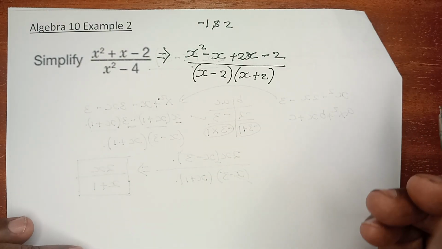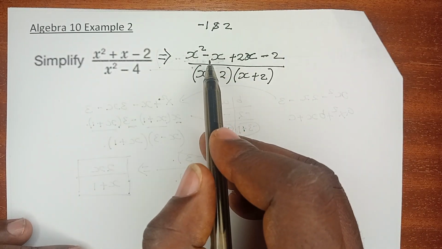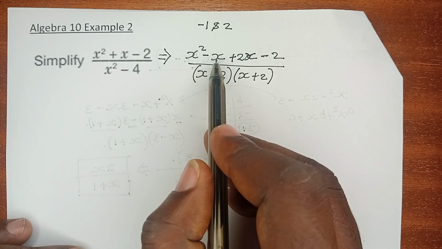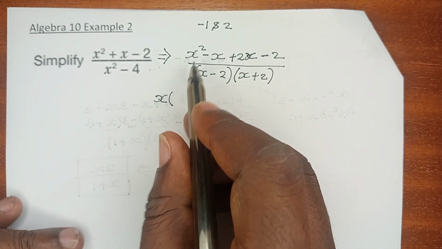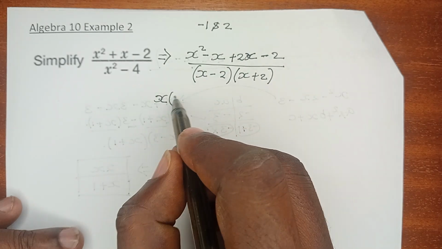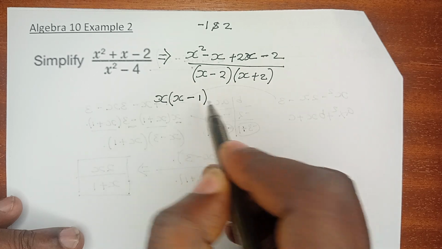That's what we have. When we collect the like terms of the numerator, in the first two terms, we find x is common. Then within the bracket, we have x squared divided by x, which is x, minus x divided by x, which is minus 1.